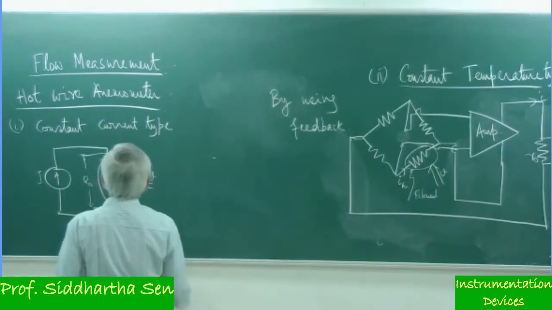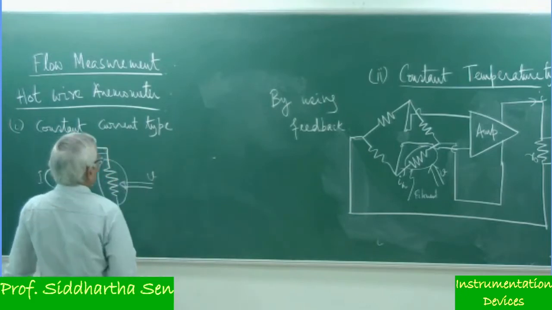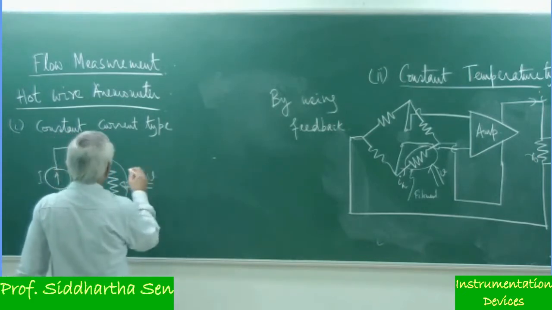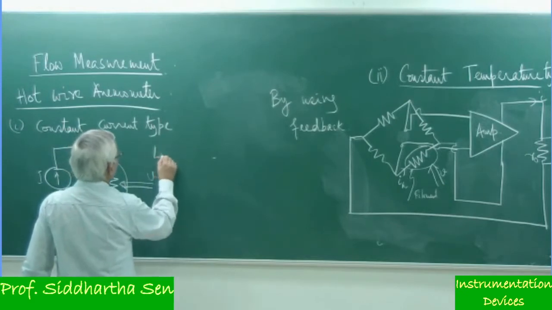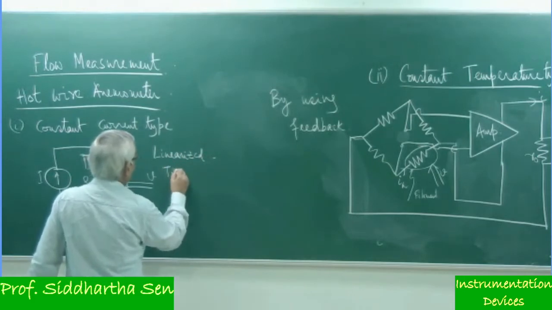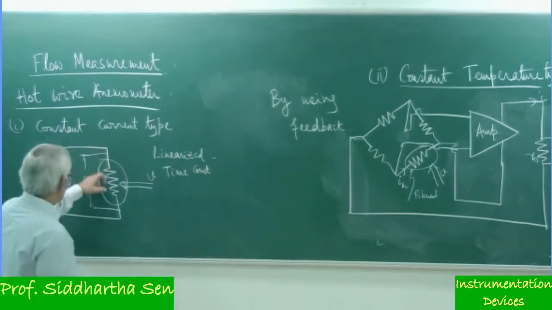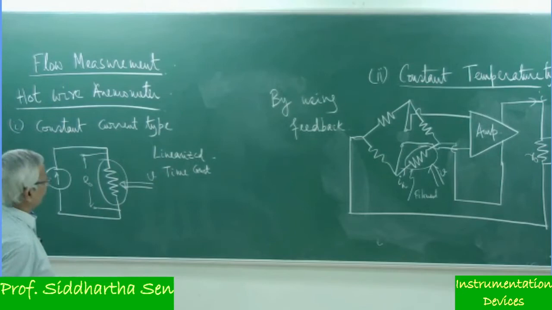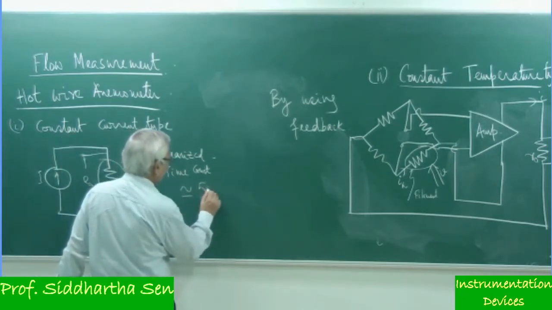If we say that this hot wire anemometer is normally a constant current type, what we can say is the linearized time constant, because it is a non-linear device, but it can be brought to a first order system, and the first order system time constant is approximately equal to 5 millisecond.